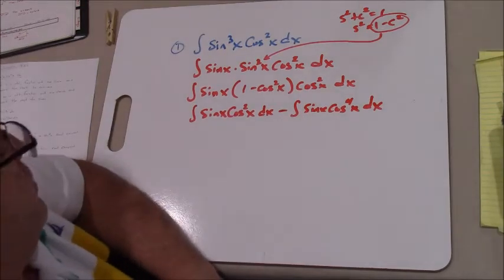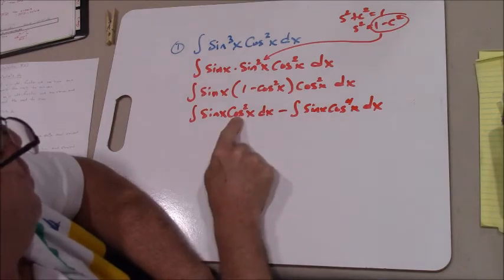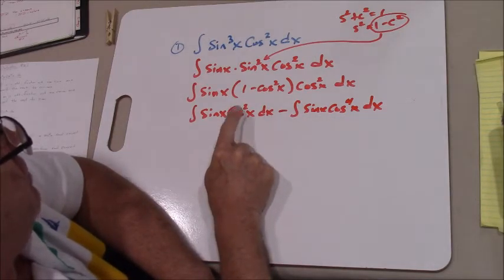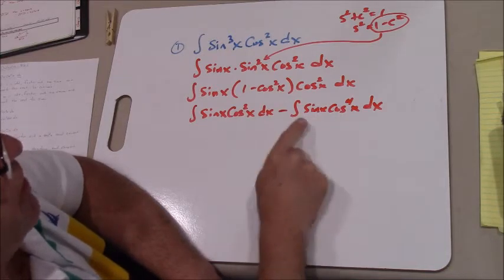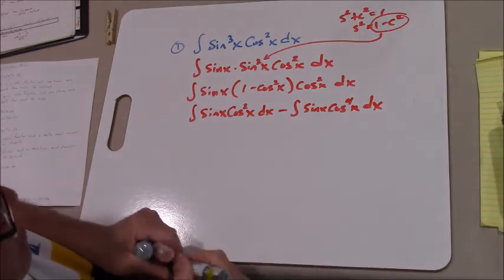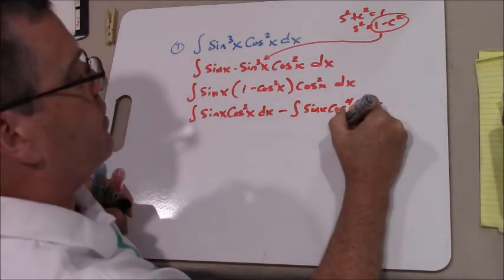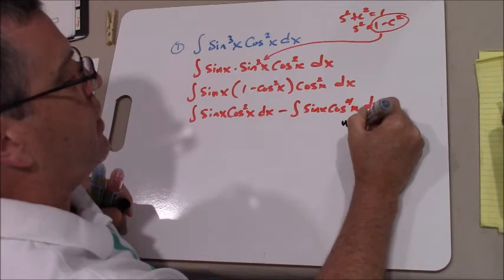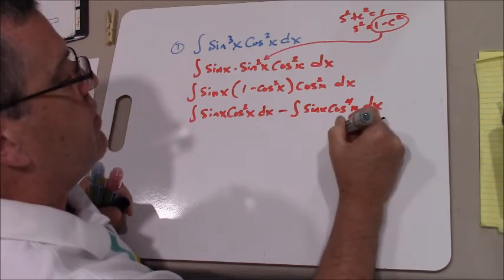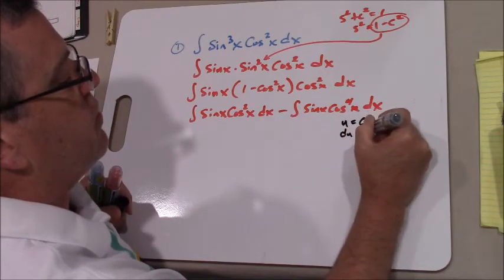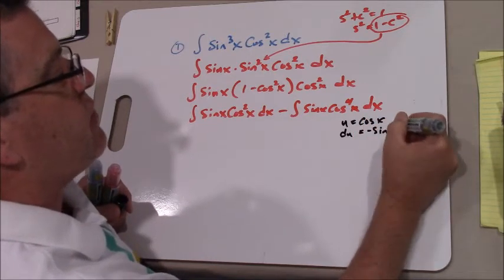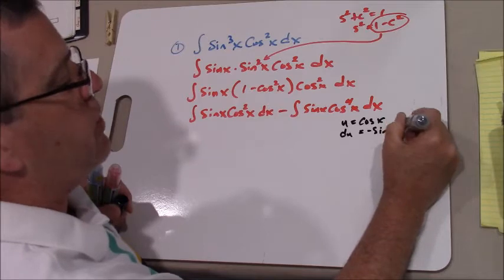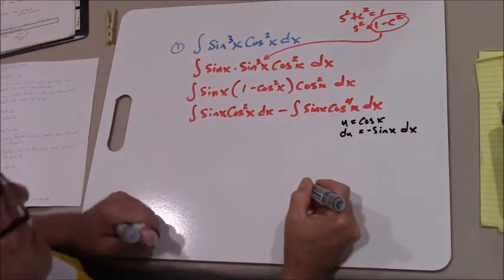And so now we want to look at this and think of this as something inside parentheses raised to an exponent. Same thing over here. And so this really just becomes a substitution. So if I say let u equal cosine of x, then du is going to be negative sine of x times the derivative of the angle, which is 1, and I just took the derivative of x.